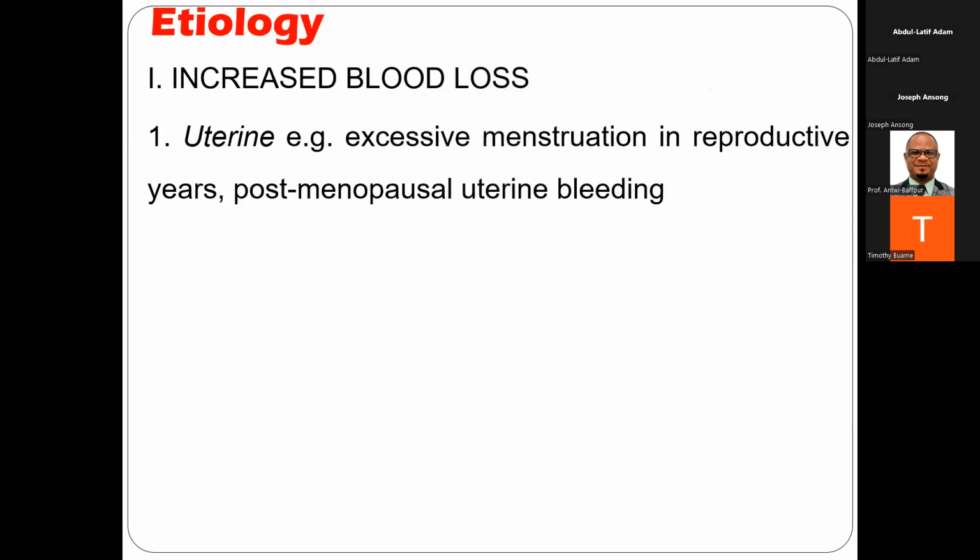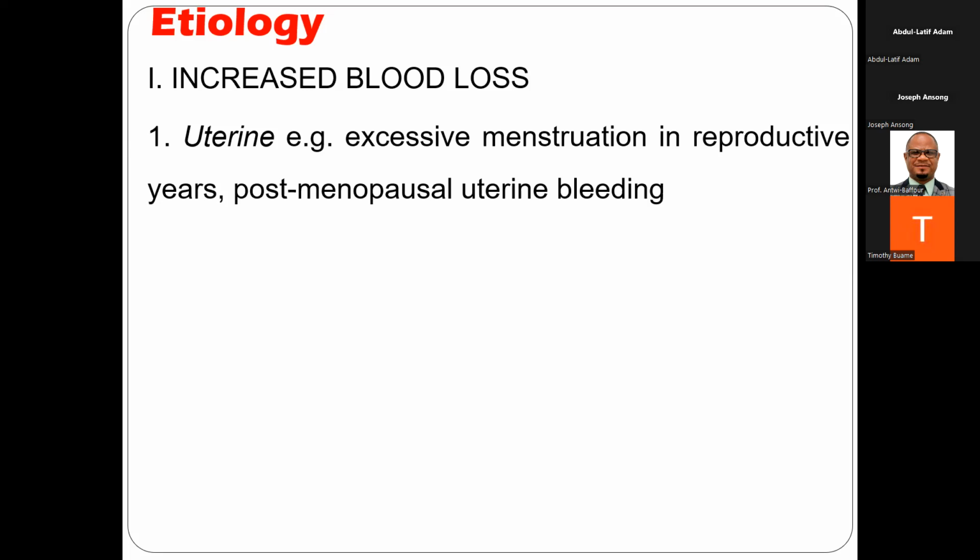Increased blood loss. When red blood cells are lost through, for example, excessive menstruation or post-menopausal uterine bleeding, the blood cells are lost out of the body, so the iron in them is not recycled. You don't get a chance to recycle the iron.